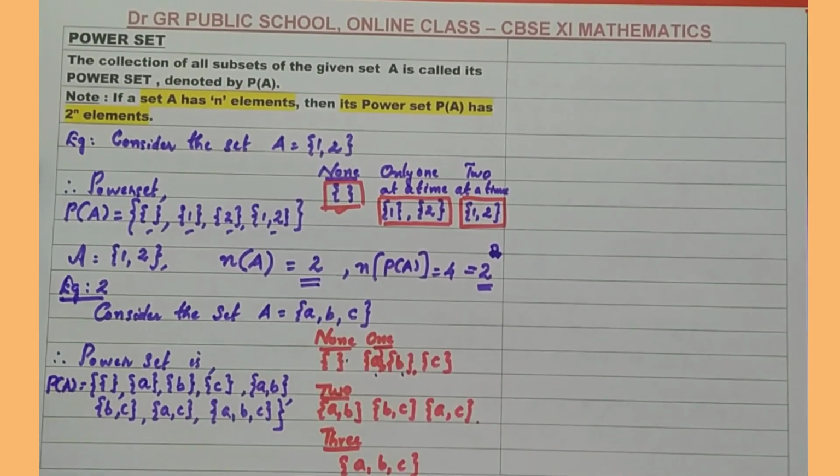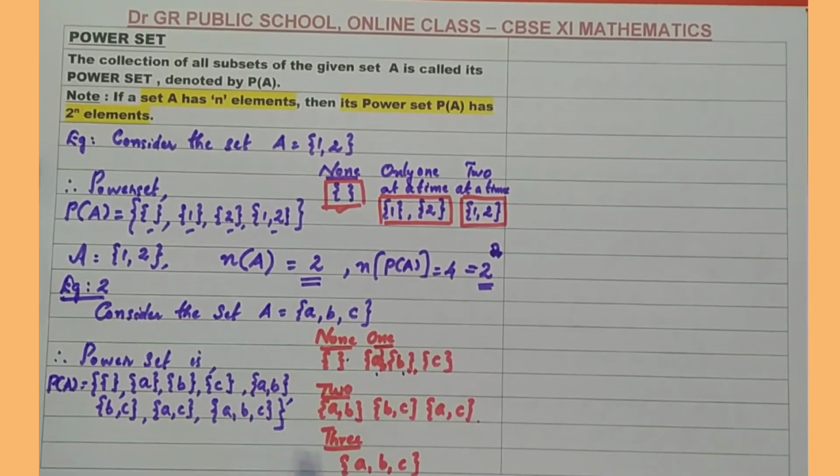These are the possible collection of subsets which can form from the given set.